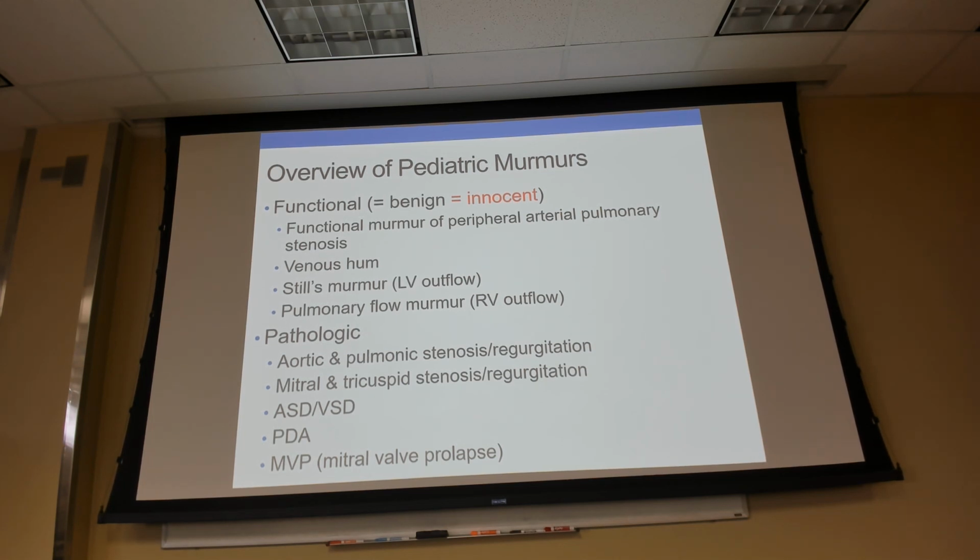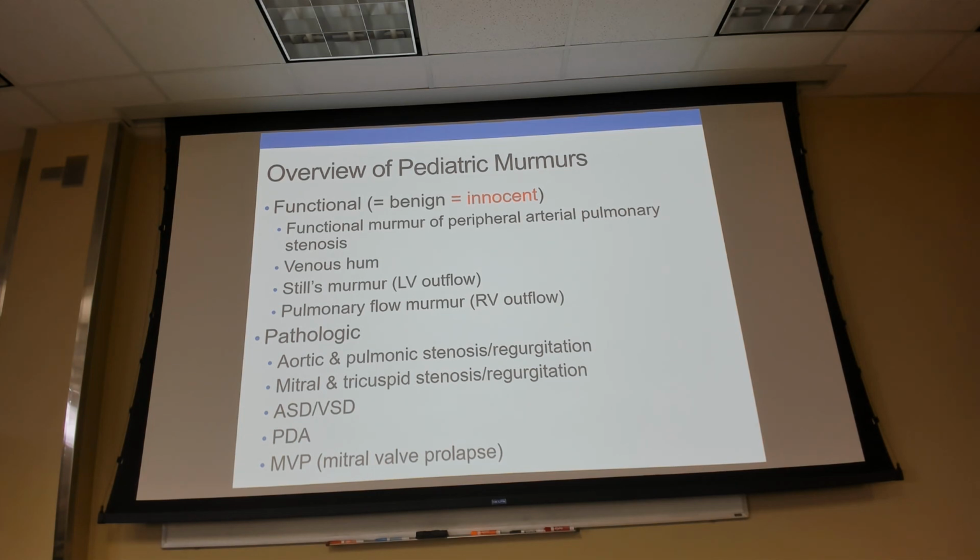So when we say that there are functional murmurs, or benign murmurs, or innocent murmurs, we are saying that this child has such a healthy heart and such a small structure that you can hear the normal physiology through the chest that you can't hear in an adult. That's what a functional murmur is. You're hearing the normal physiology that is happening.